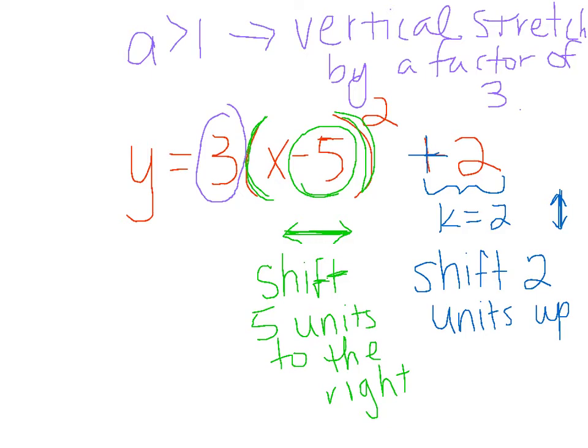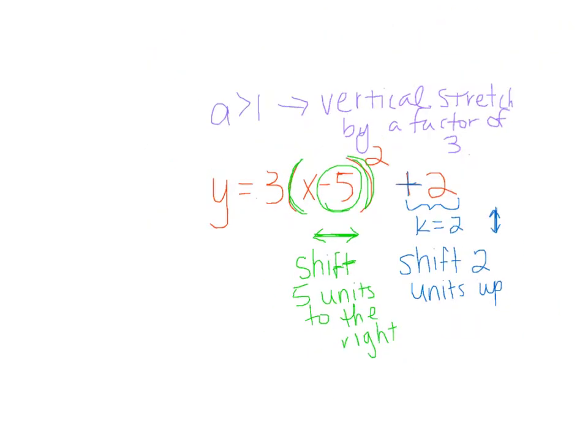Now let me just change this a little bit for you. So this is what we have right now. I'm going to keep the function the same, except I'm going to change this first part. Okay, scratch that.